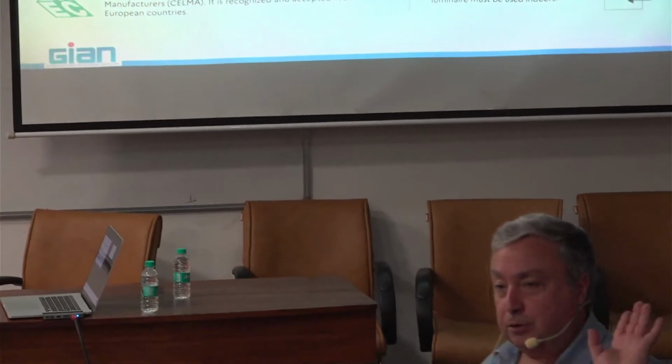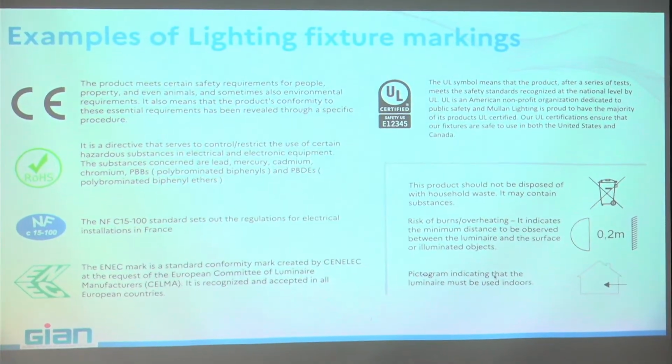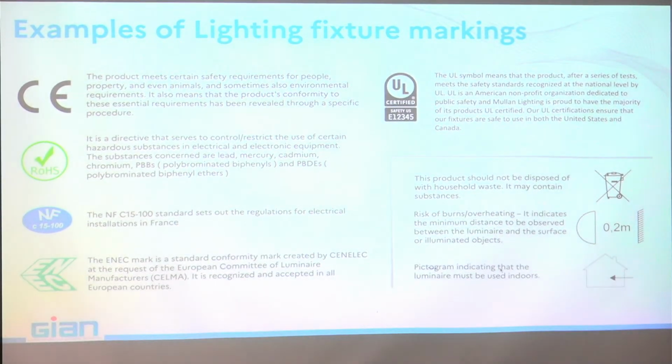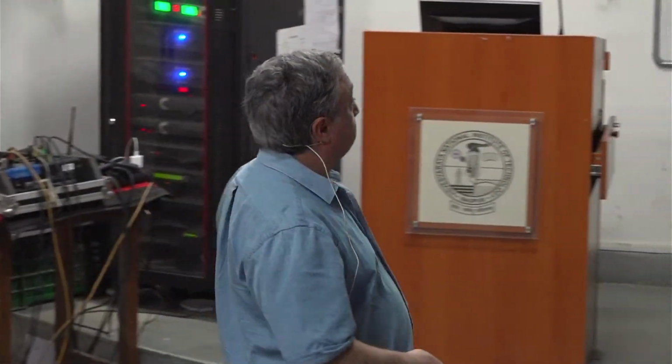Now, if the manufacturer is located in China, forget it. Also for Europe, RoHS, but not only, means that your product doesn't contain harmful materials. No mercury, no lead, no thallium, a number of toxic materials are not present in that product.